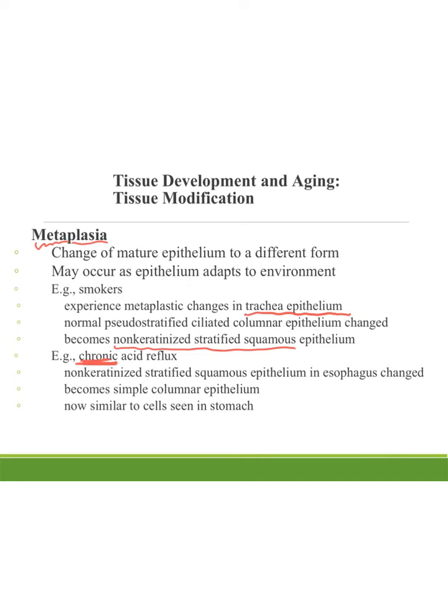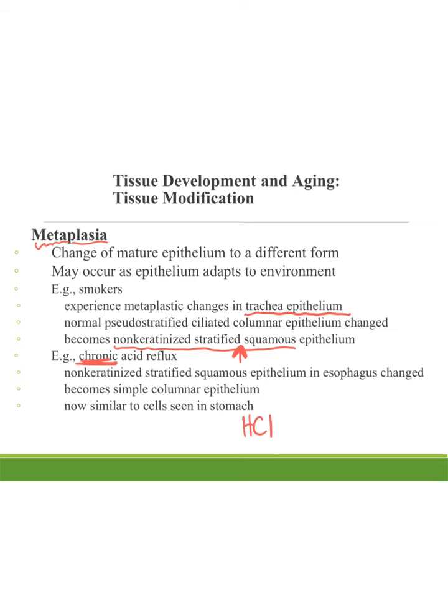Esophagus is non-keratinized stratified squamous, just what we talked about earlier, what the trachea might become. So it's going to develop more like the epithelium that we actually have in the stomach. The stomach is where the strong acid, hydrochloric acid, is produced.